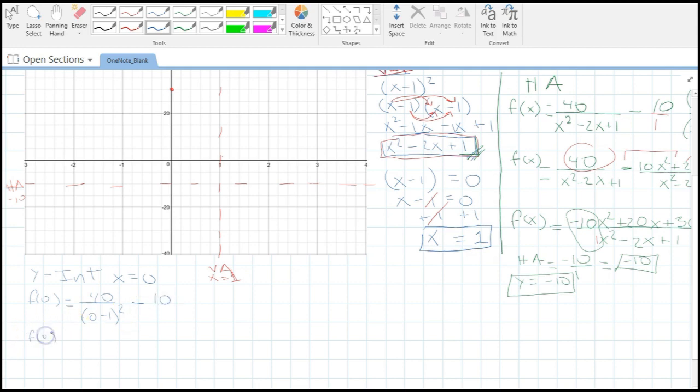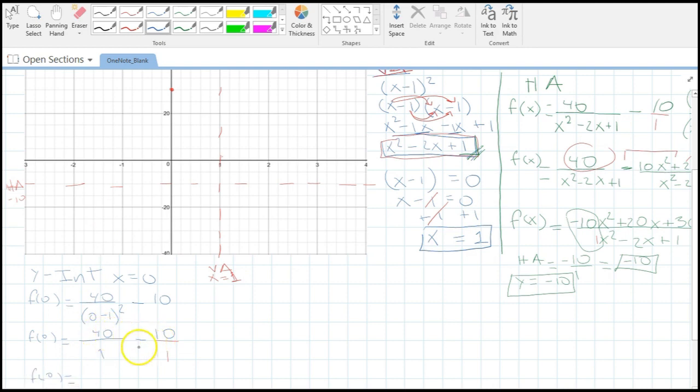So keep everything organized. Function of 0, 40. I cannot do anything to the top right now, so I'm going to take care of the bottom. We have to clean this up. 0 minus 1 is going to be negative 1, and that is raised to the second power. Negative 1 times a negative 1 is going to be 1. Minus 10. We always remember to have a 1 here, so we have two fractions with the same denominator. That means that we can combine them.